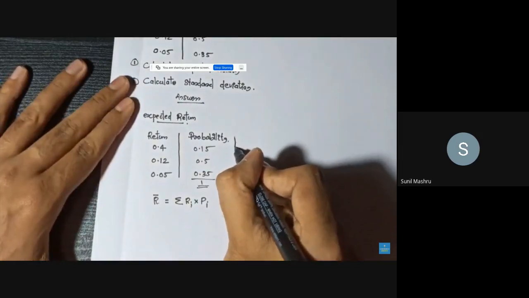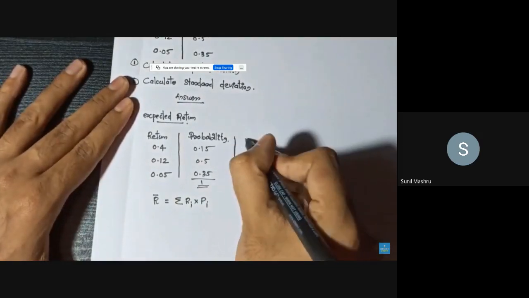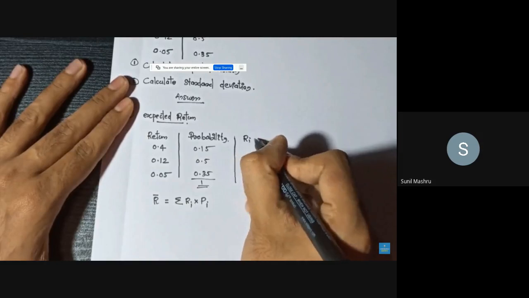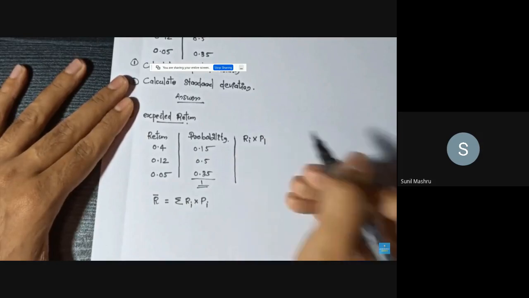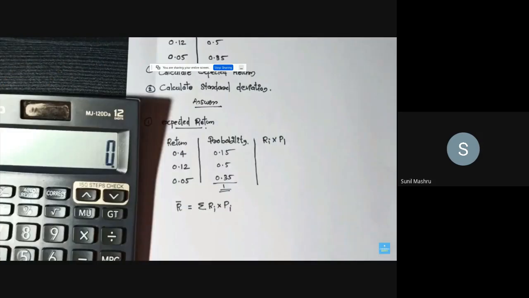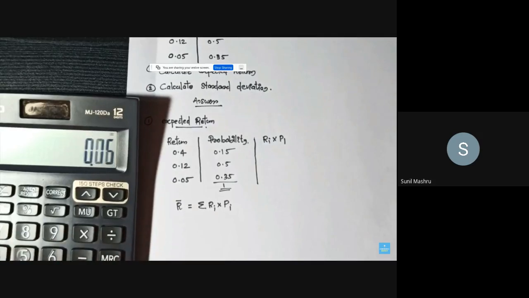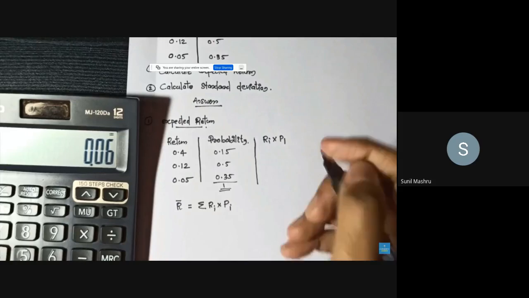Here I am going to draw another column, that is Ri into Pi. The first return is 0.4 and the first probability is 0.15. So 0.4 into 0.15 is equal to 0.06.